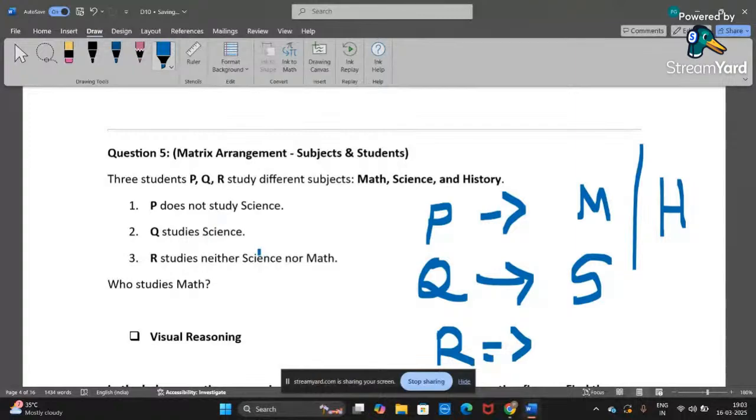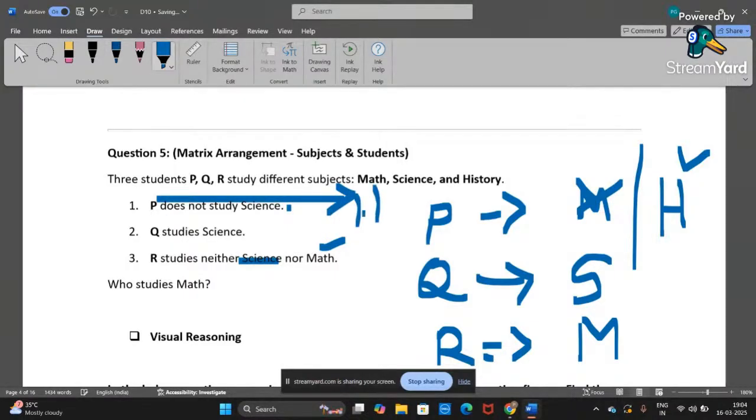Already science is studied by Q, right? So R is studying maths. So R is studying maths, Q is studying science, and P is studying the left out subject. It is history, right? So history is the answer. Sorry, this person P studies history. But what is the question they asked here? Who studies maths? So maths is studied by R.